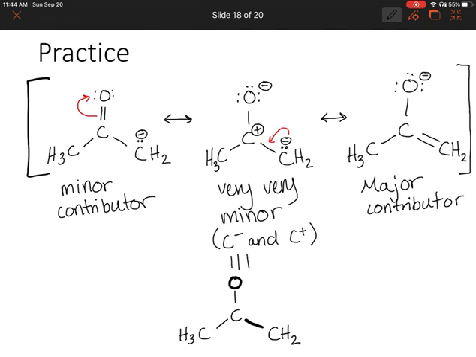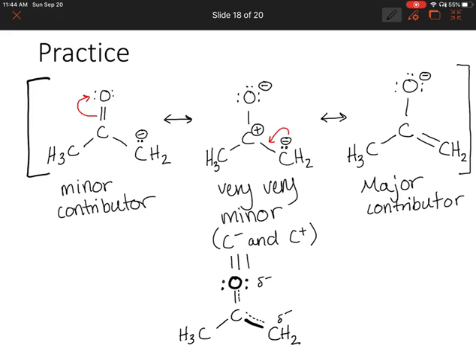Okay, so those pi electrons are delocalized across the oxygen and those two carbons on the right-hand side. We have some lone pairs on the oxygen, and that oxygen is partially negative, and the carbon is partially negative.